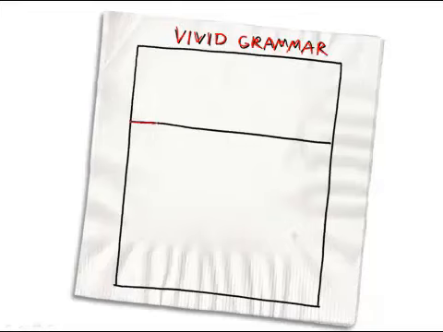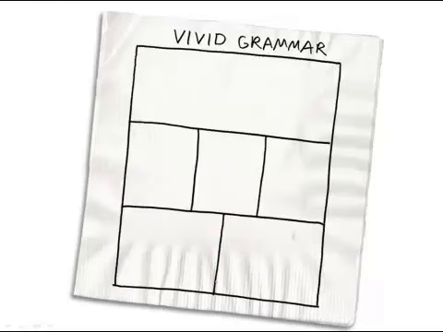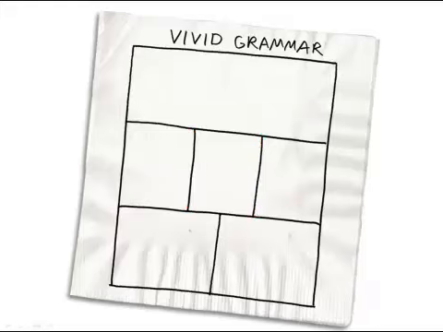And now make a dividing line about 1/3 the way down that box. I want you to make a line dividing the bottom 2/3 of the box. I want you to take the bottom third and divide it into half. Next, I want you to take the middle third and divide that up into 3 equal pieces. This is our framework of vivid grammar.